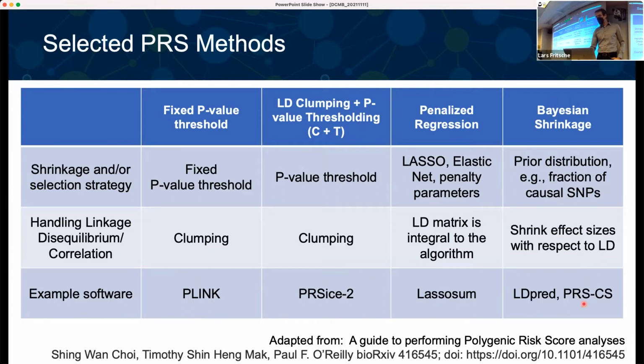For example, PRS-CS-auto usually includes over 1 million variants, or you can use LDpred, and depending on the fraction of causal variants, you can end up with very few contributing SNPs or many, depending on the assumption of that approach. So basically, depending on the method, you end up with very different SNP lists.